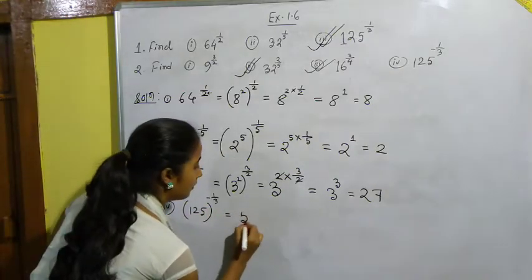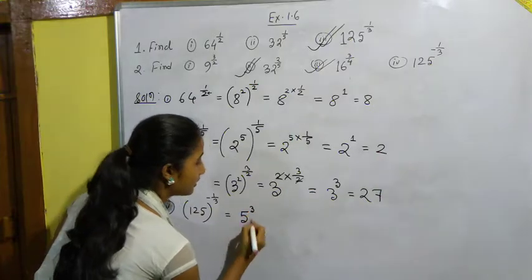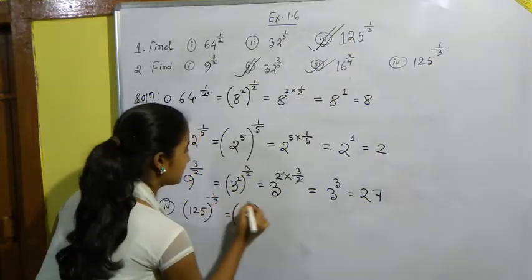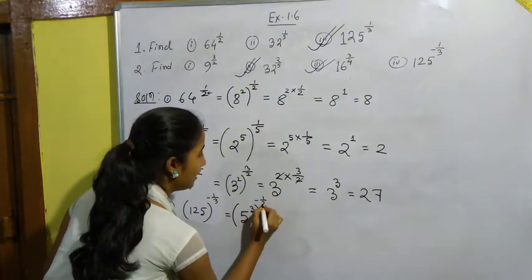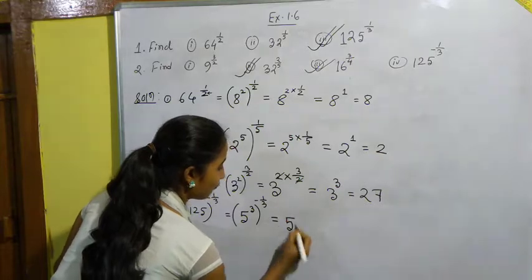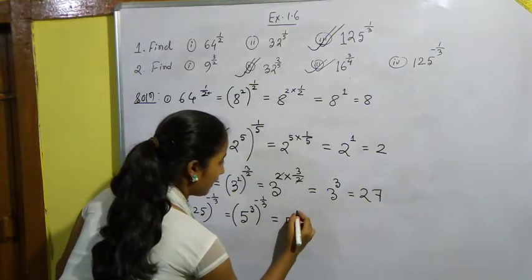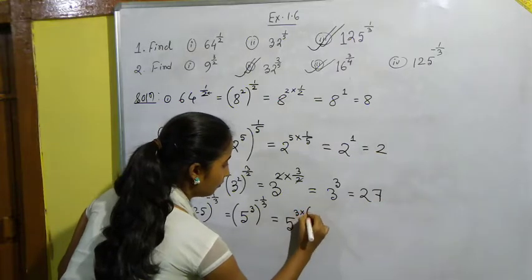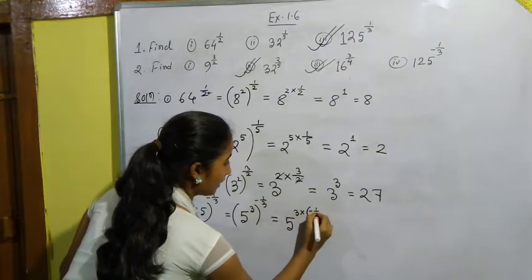Right? 125 can be written as 5 to the power 3, and this is to the power minus 1 by 3. Now base 5, and in the exponent, 3 into minus 1 by 3.